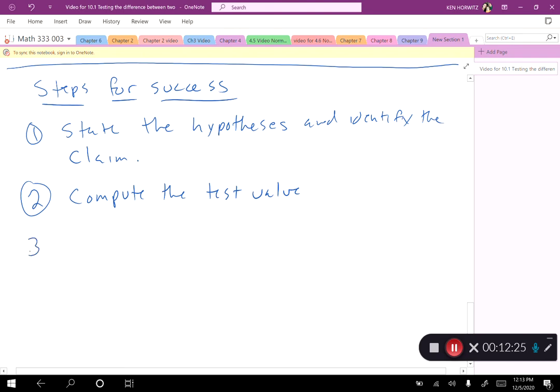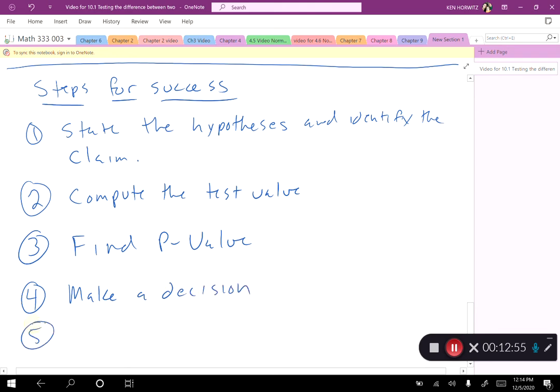From the test value, after that, we're going to find the p-value. We're going to get that z, go in and find out what the area is. From the area from our test value and our p-value, we're then going to make a decision.